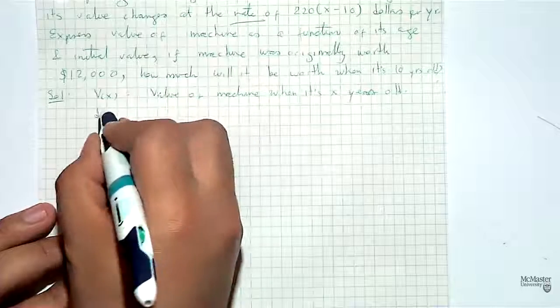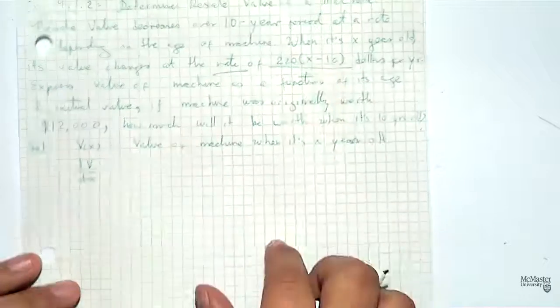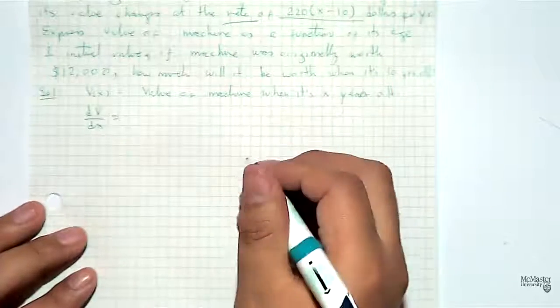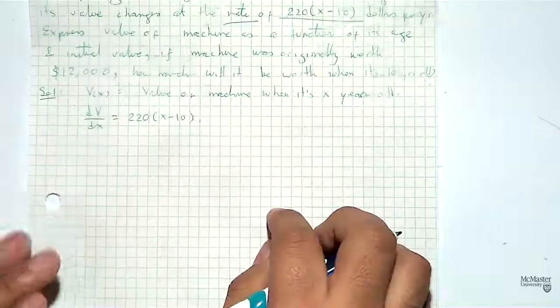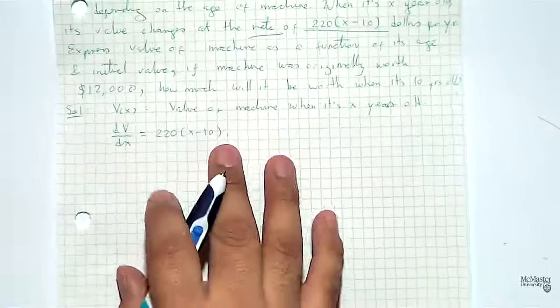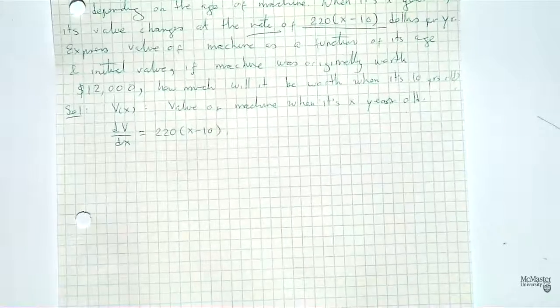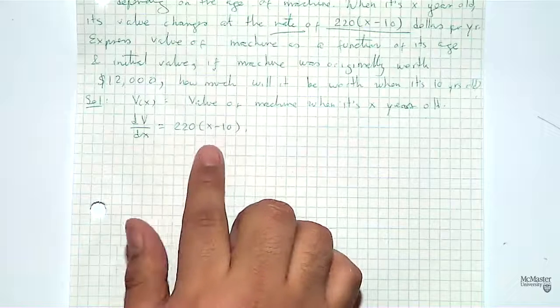Now, the second part of information is what you were given was not b, but the rate. So what you know actually is that db over dx is 220 times x minus 10. So that is the piece of information that ties it to our topic, because in order to find b, we have to integrate. Moreover, before we even do a calculation, you can see that this derivative vanishes at x equal to 10.